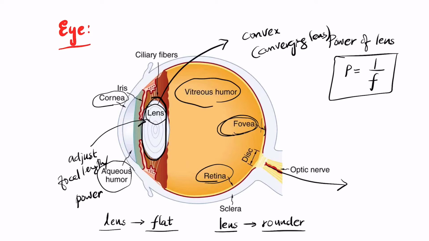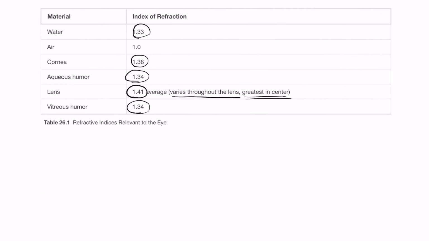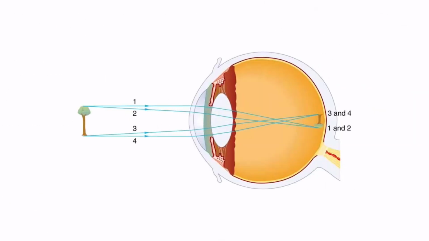So how would the image formation occur? Let's take an example of a tree. Let's say you're looking at a tree. The light rays come straight through as if through a general lens, and they start bending at the aqueous humor. Notice that it's entering from air into the aqueous humor, which means you're going from a rarer density to a higher density, so it bends inward.